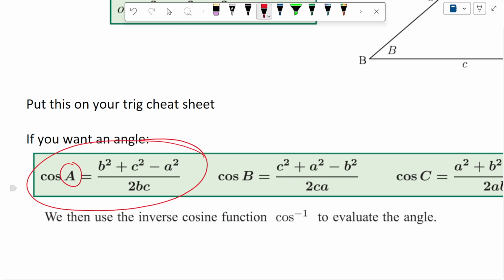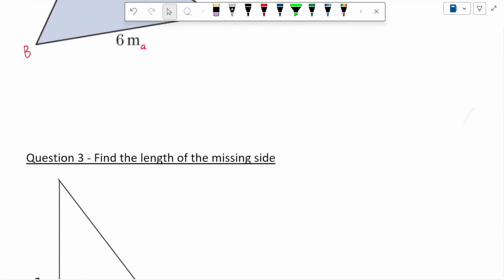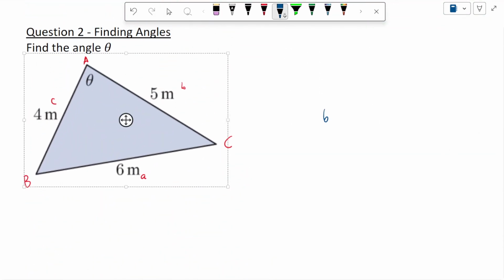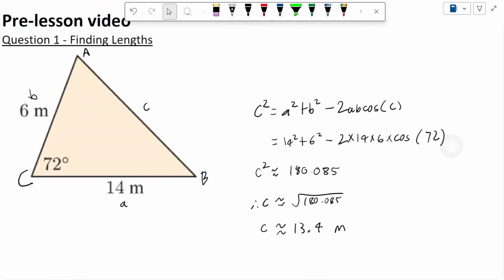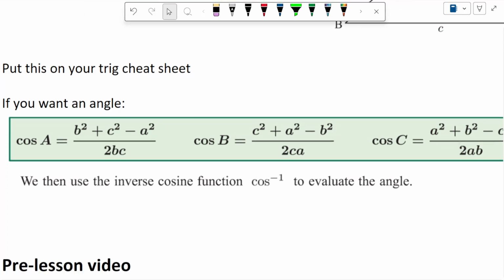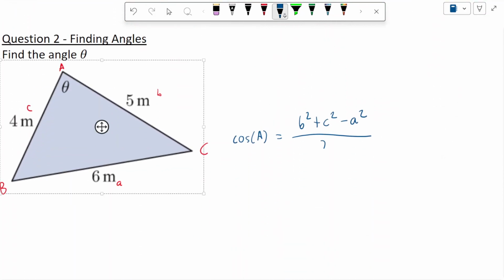I want cos of A on the left. B squared plus C squared, take A squared. All right, and then that's over 2BC. Now we can just pop in all the numbers.